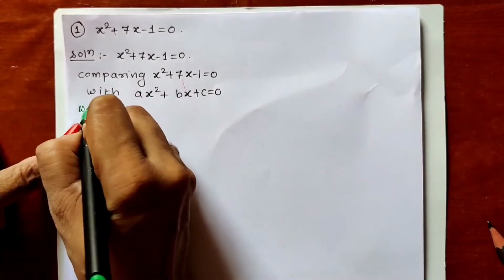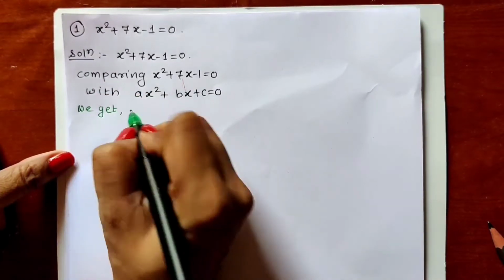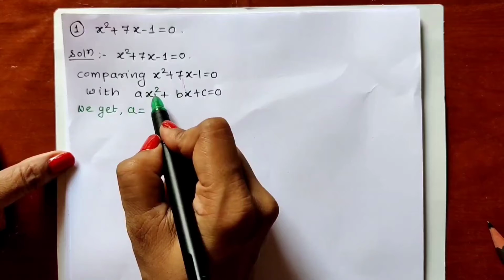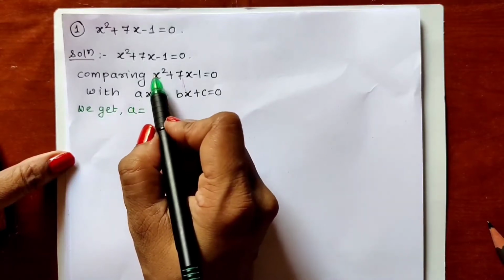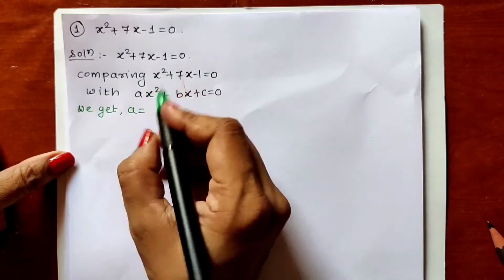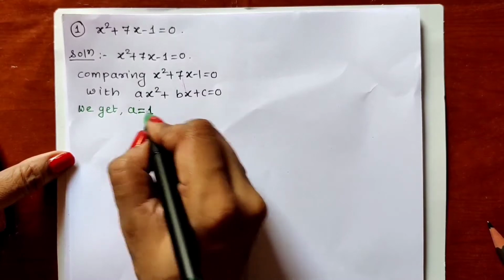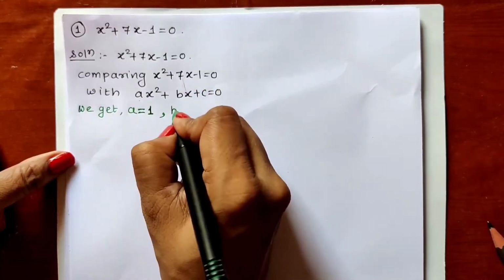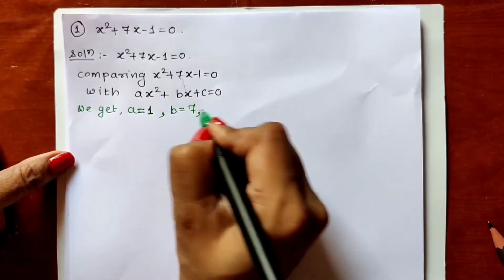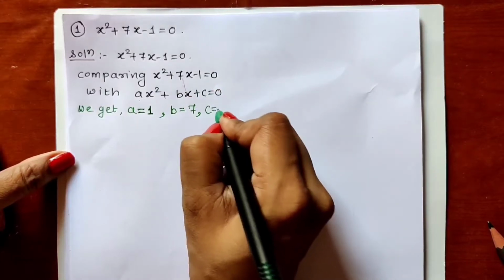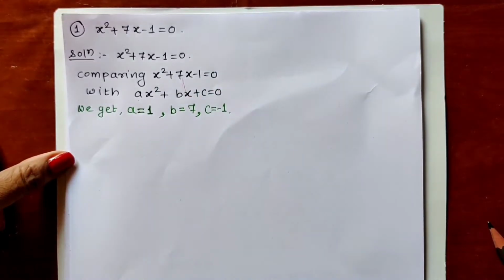So we get a is equal to, a is the coefficient of x square. Here coefficient of x square we cannot say anything, that means 1 is there. So a is equal to 1, b is equal to plus 7 and c is equal to minus 1. After getting the value of a, b, c, we can find out discriminant.